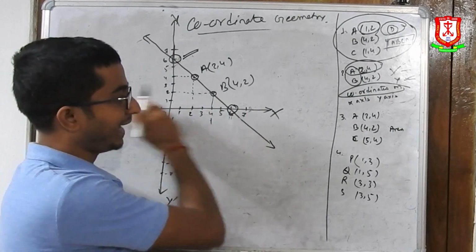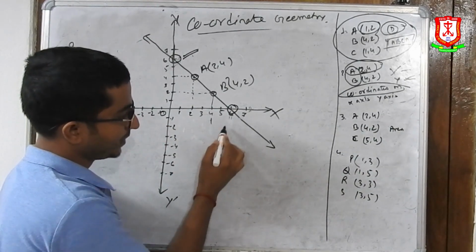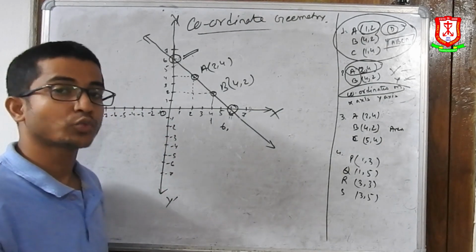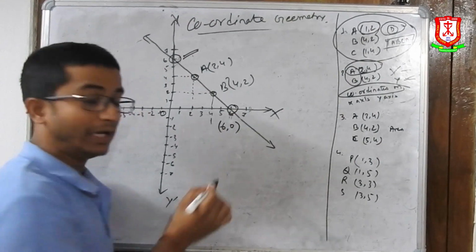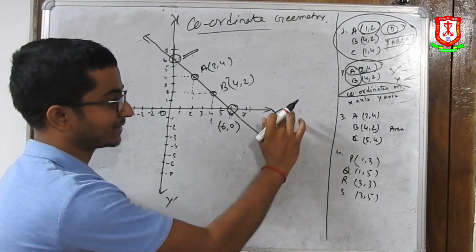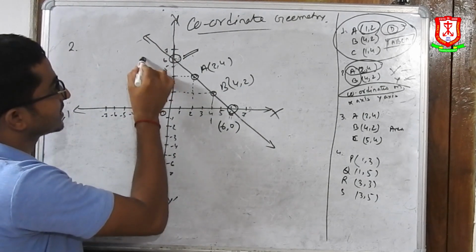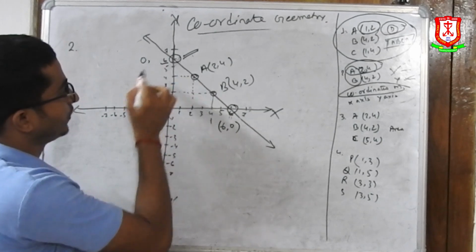On the x-axis, what is the value of x here? It becomes 6. And from the previous knowledge, we know that on the x-axis the value of y is always 0. Same as on the y-axis, the value of x is 0, and what is the value of y? See, how much? The value of y is 6.